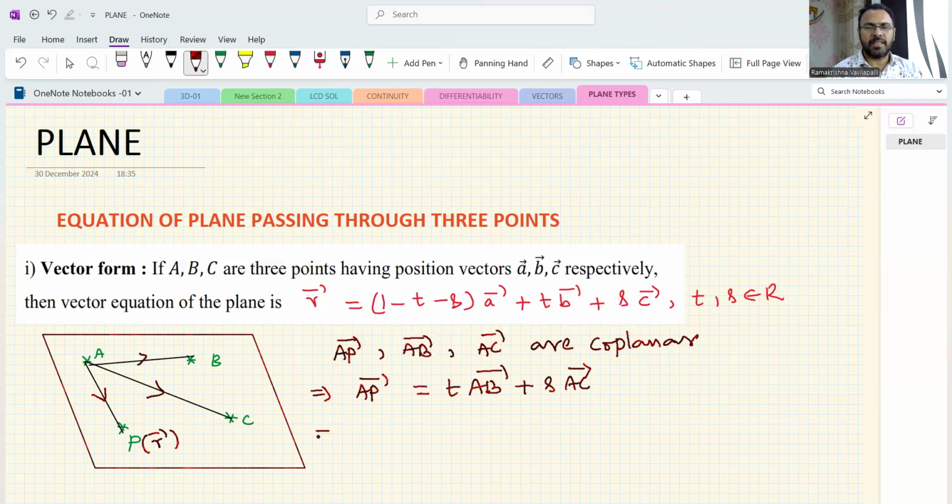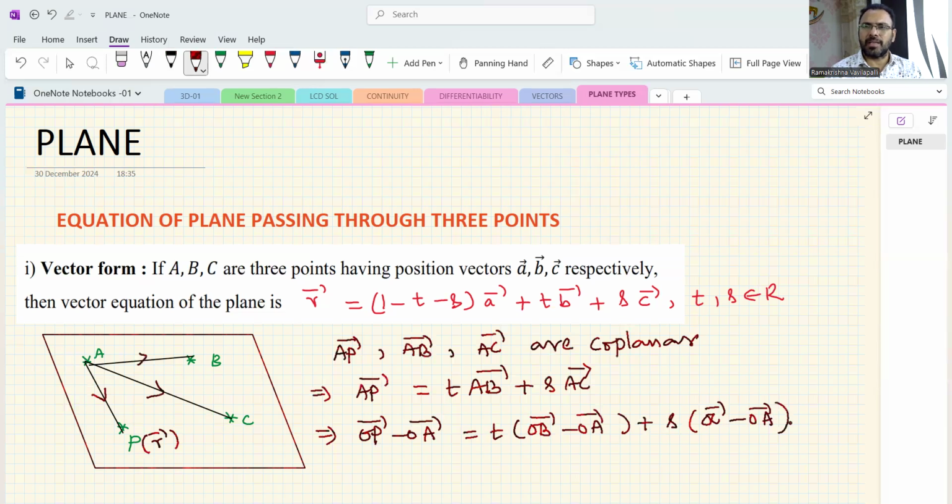So now we write that AP bar is nothing but OP bar minus OA bar vector, equal to T into (OB bar minus OA bar) vector plus S into (OC bar vector minus OA bar vector). It is so simple. It is just application of coplanar vectors or coplanar points.